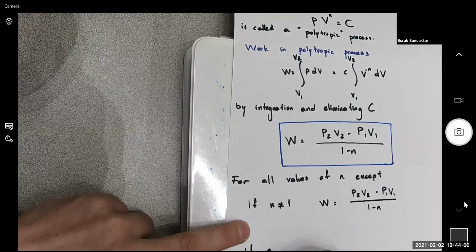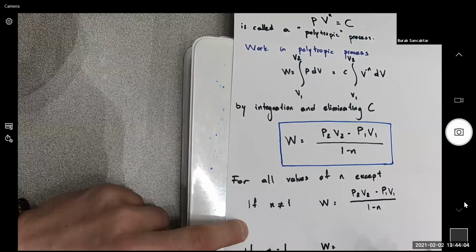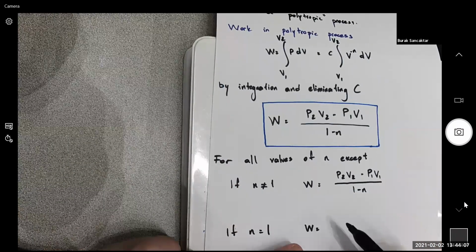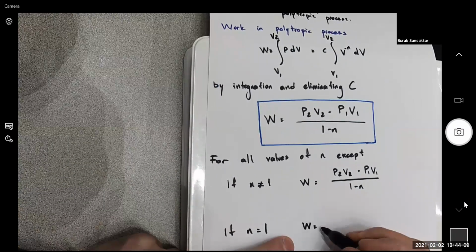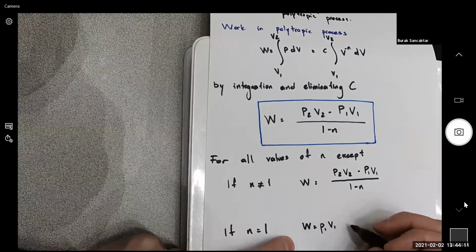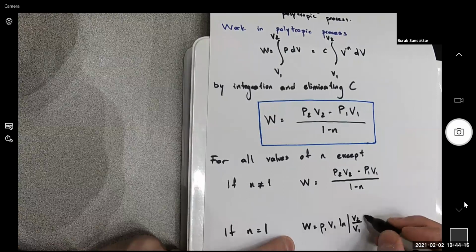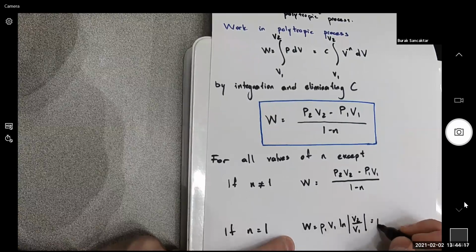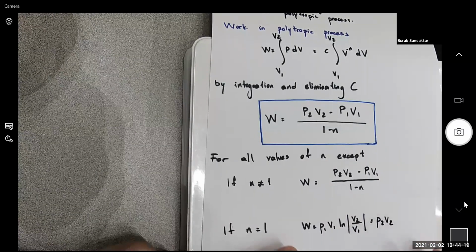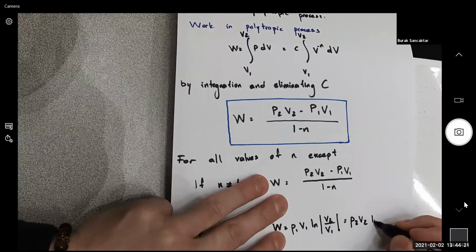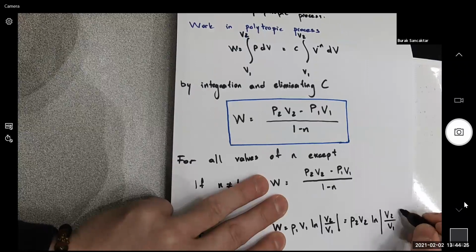If n equals 1, what will it be? We just proved in the last example: P1 V1 times natural log of V2 over V1, or P2 V2 times natural log of V2 over V1.